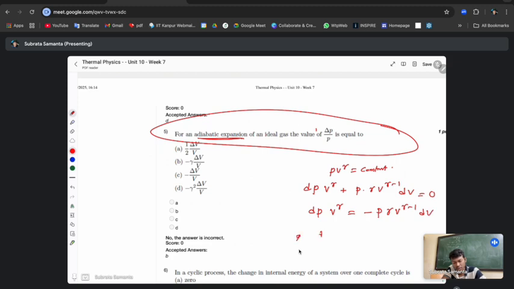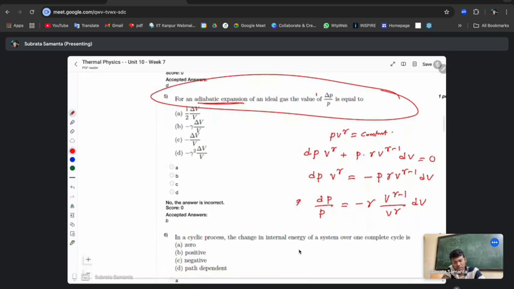So this is basically dP over P equals minus gamma V to the power gamma minus 1 over V to the power gamma dV, which is basically minus gamma dV over V, right?